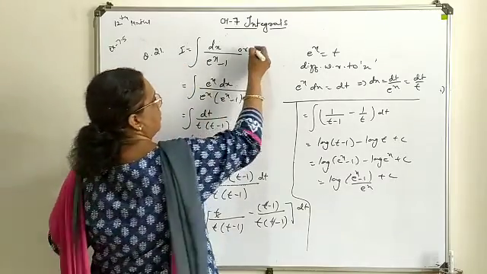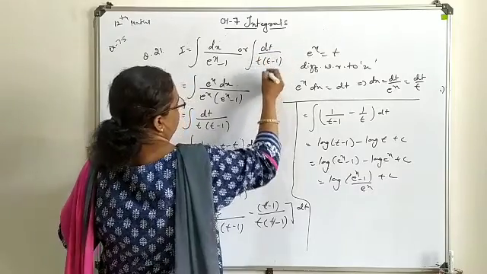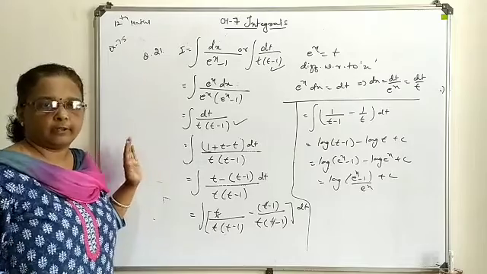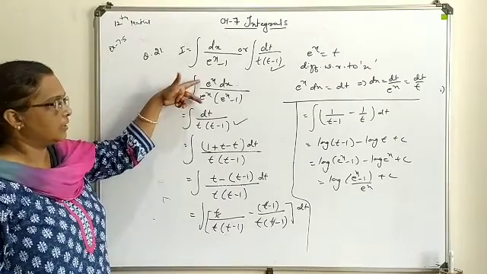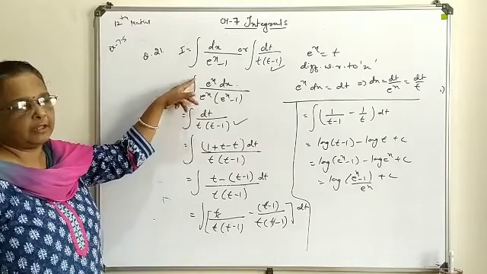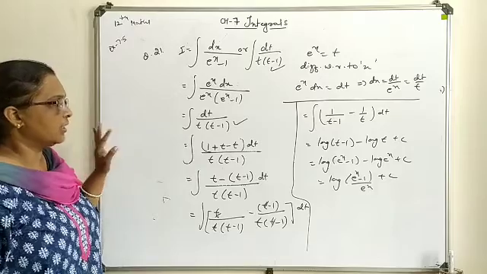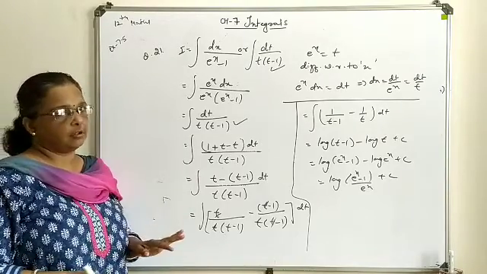Afterwards, what will you have? dt upon t, and this is t minus 1. Here and here we have the same combination. For our convenience, we have changed this question frame by multiplication and division to get the required form, so easily we can generate the derived form. This way exponent powers can also be handled with the partial fraction method.